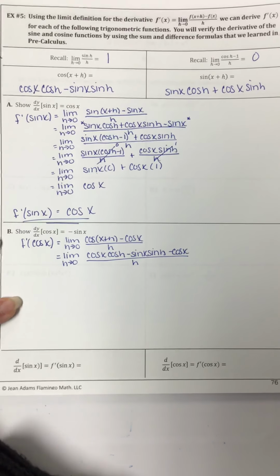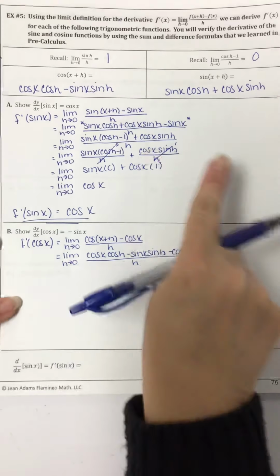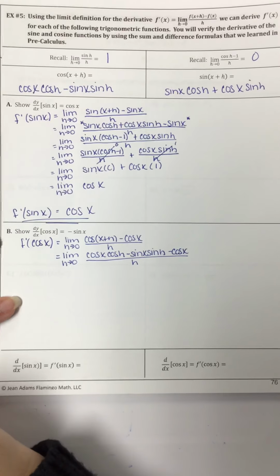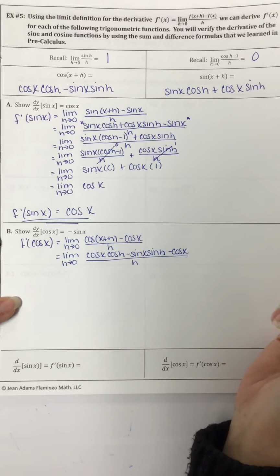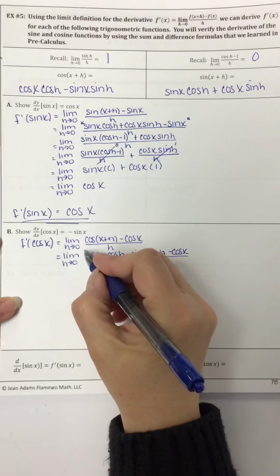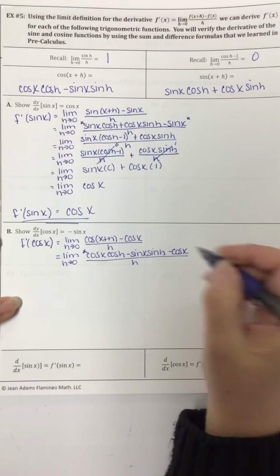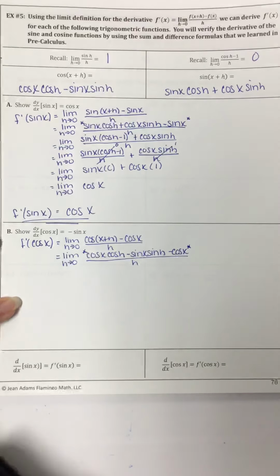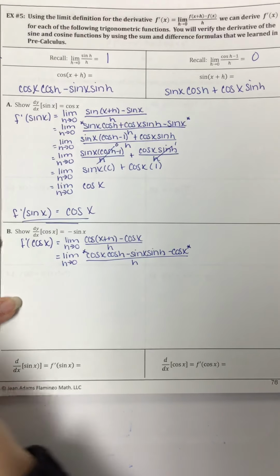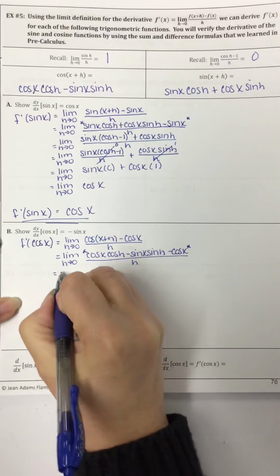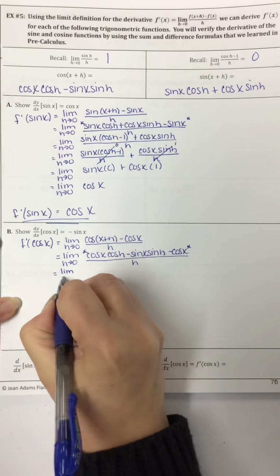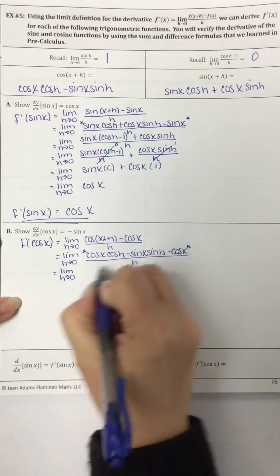Okay. And then just like we did up in the one where we were proving sine of x, if you look for something that you could combine and maybe factor something out, I notice a cosine here and a cosine here, right? And so if I were to put those together, I could factor out a cosine of x. So that would give me the limit as h approaches 0.